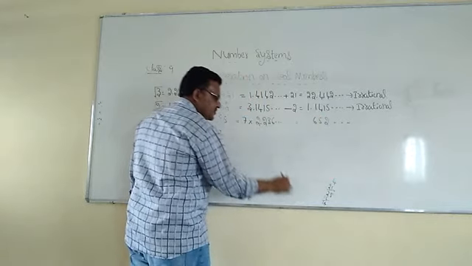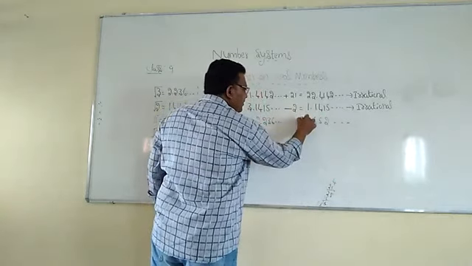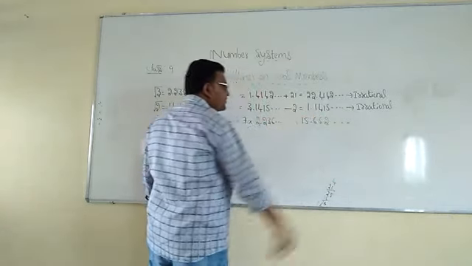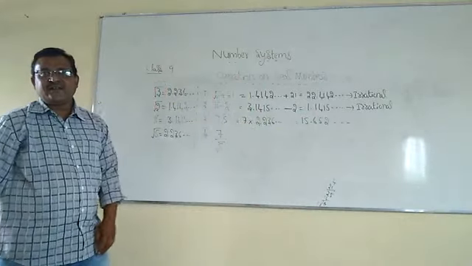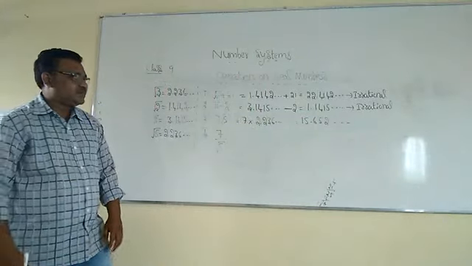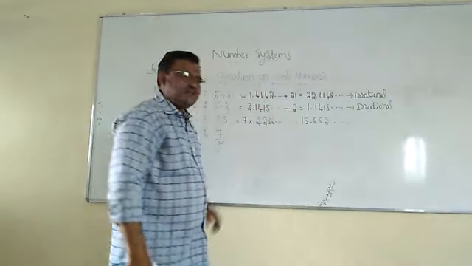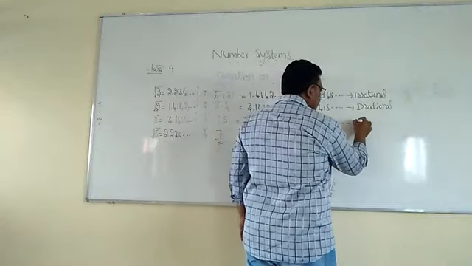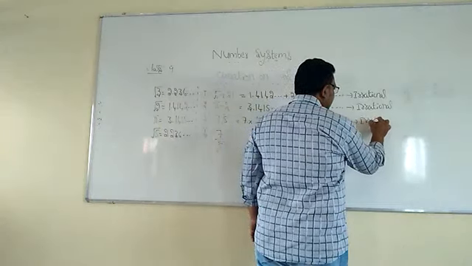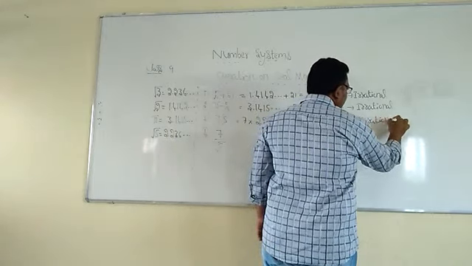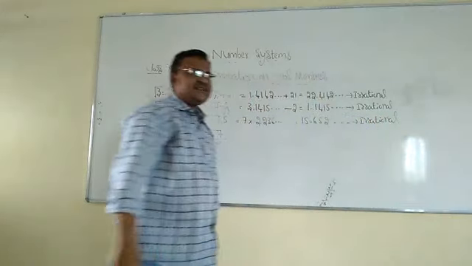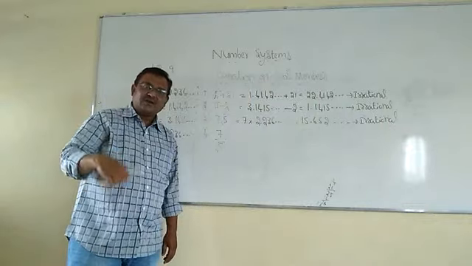And next 7 2s are 14 again, 14 plus 1, 15. So 15.625 and so on. That means again continuing, an irrational number here. So we can say here also the product of one rational and one irrational number is also an irrational number.